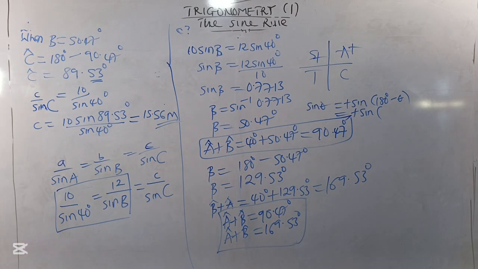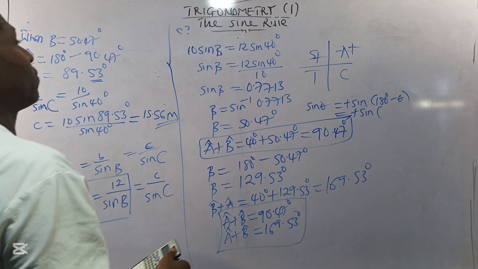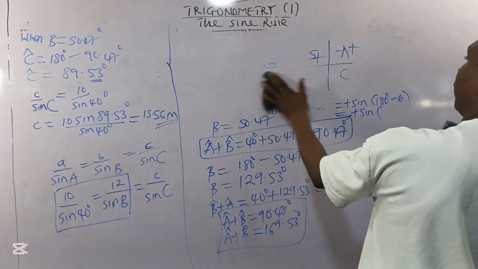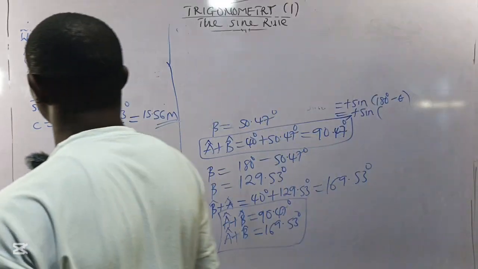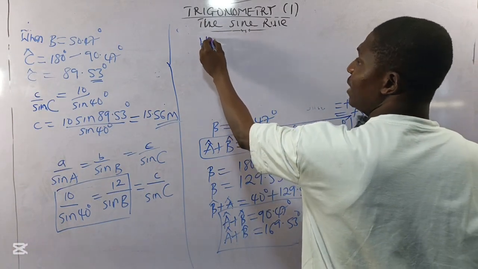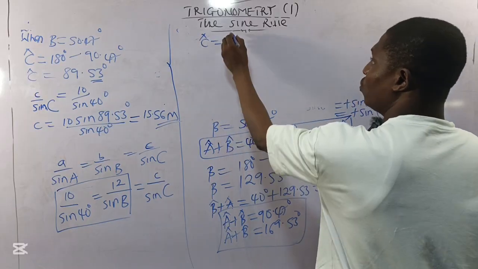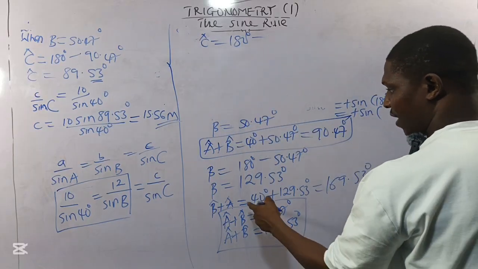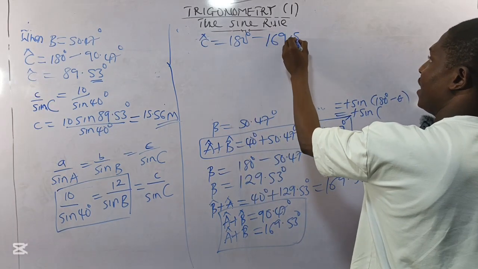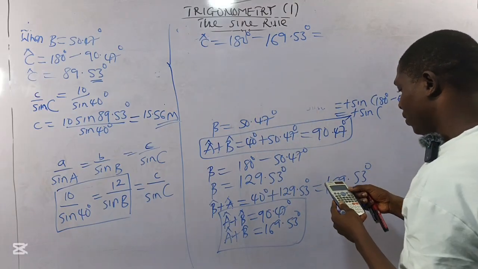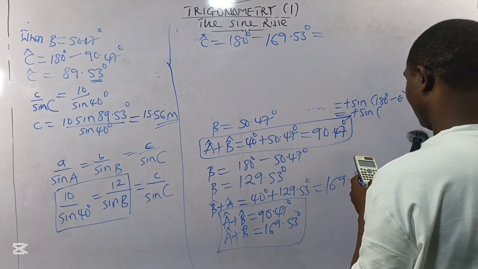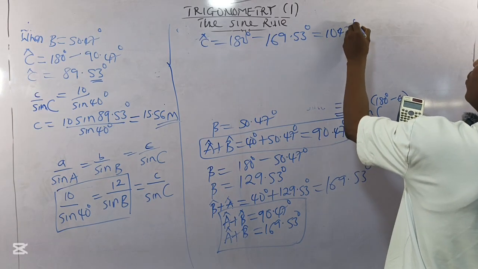And also, angle C can be equal to 180 degrees minus the value of A plus B here, which is 169.53 degrees. And angle C will be equal to 180 minus 169.53, giving me 10.47 degrees.